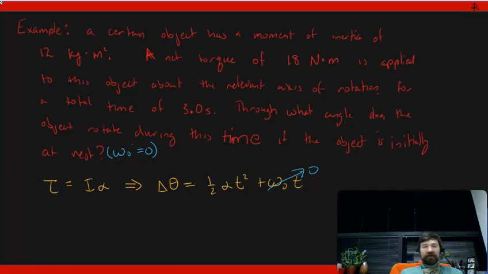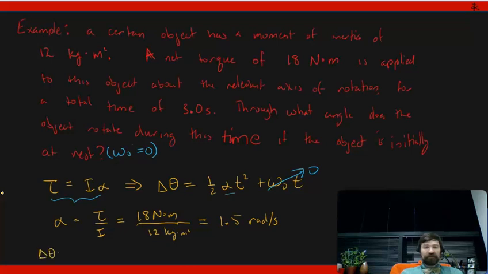We need to solve for alpha in order to get delta theta. So this equation right here lets us solve for alpha. Specifically, alpha should look like the torque divided by the moment of inertia. So that is 18 Newton meters divided by 12 kilogram meters squared. And that will give me 1.5 radians per second squared.